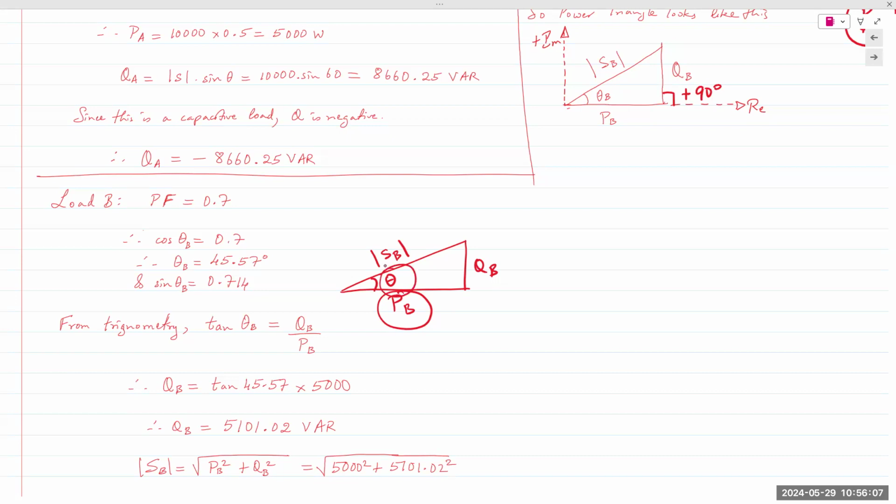We can use any trigonometric identity to determine magnitude of S and Q. The easiest thing is to do tan theta. We have theta, so tan theta is Q over P. We have theta, we have P, we can find Q. Right? 3 quantities in the equation, we have 2 of those, we can calculate the third.